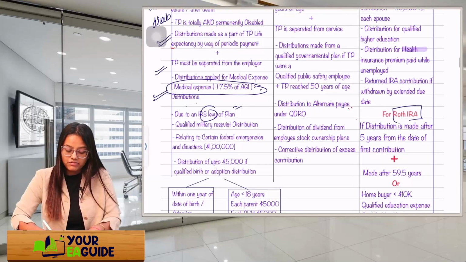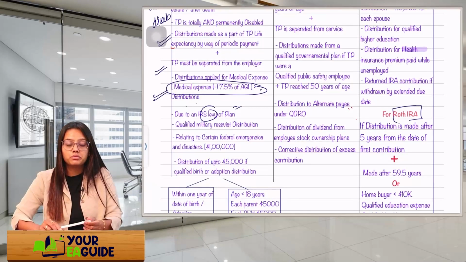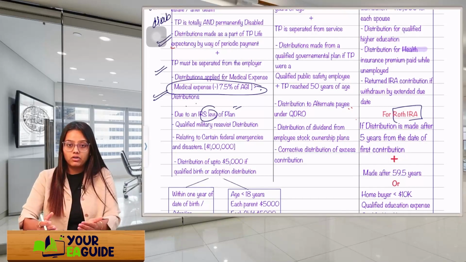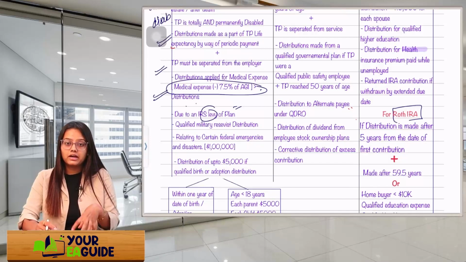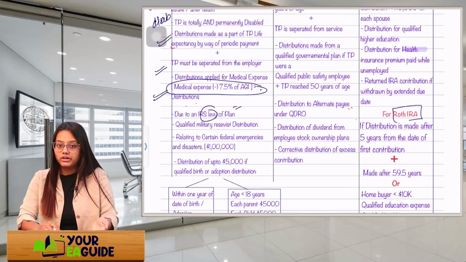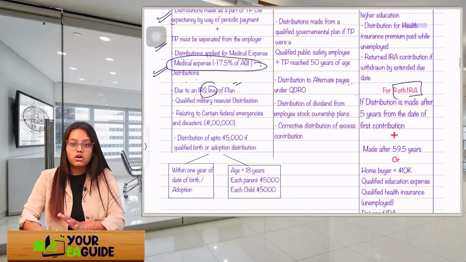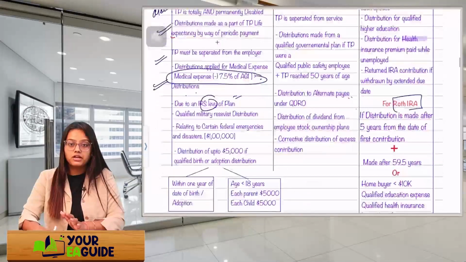Then we have the qualified military reservist distribution. For military people, a fund is created to which they contribute a certain amount voluntarily, and now if you take a distribution from that reserve, it is not liable for the 10% additional penalty.